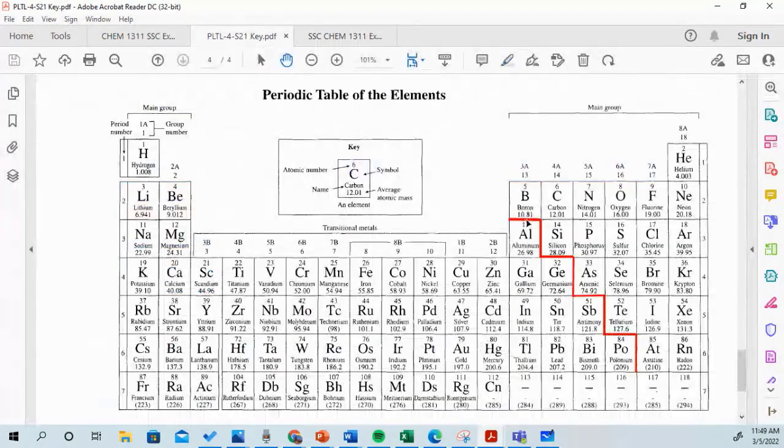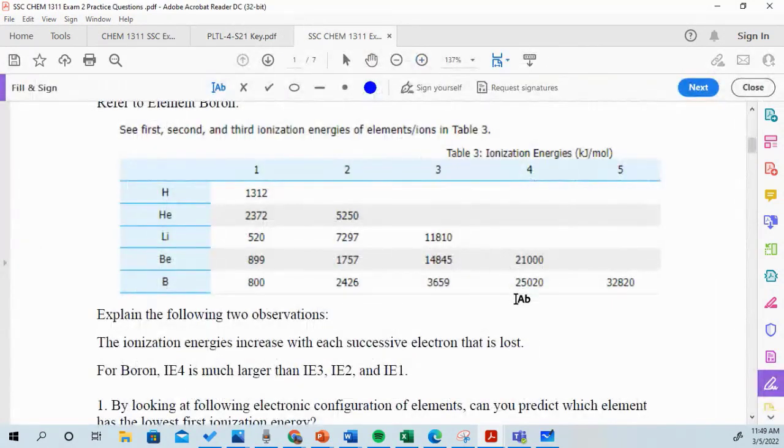It's much harder for me to remove electrons that are no longer valence but core, because they're closer to the nucleus. Thus, the energy required is going to be much larger because I'm removing from not a valence shell, but a core shell.